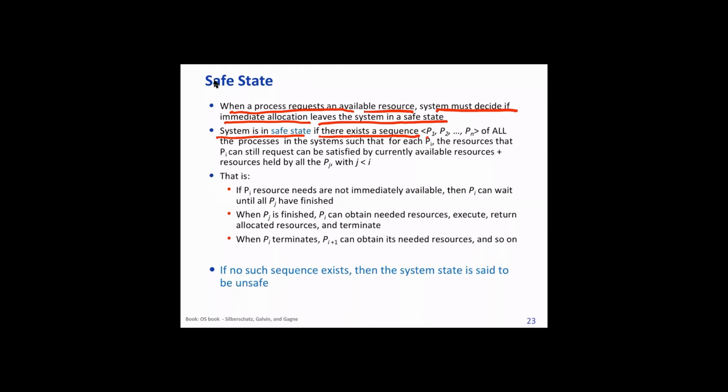For our explanation, there is a sequence of processes in the system such that for each process Pi, the resources that Pi can still request are satisfied by currently available resources plus resources held by Pj, where j is less than i.